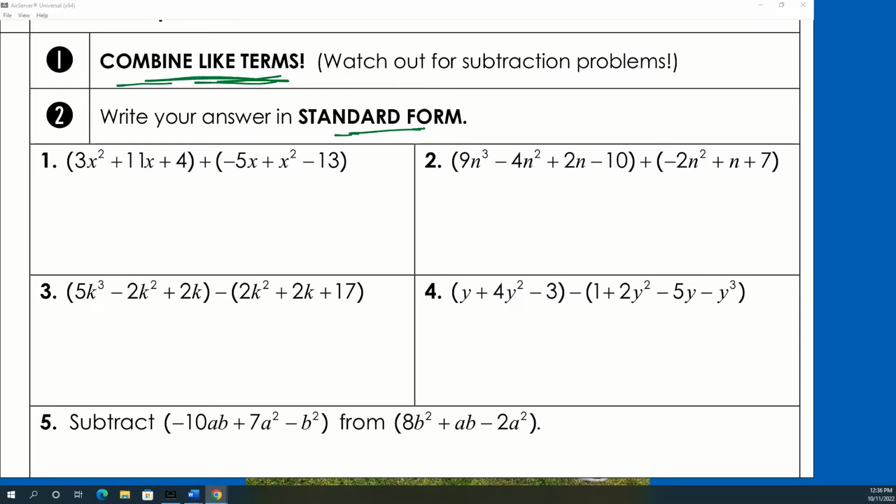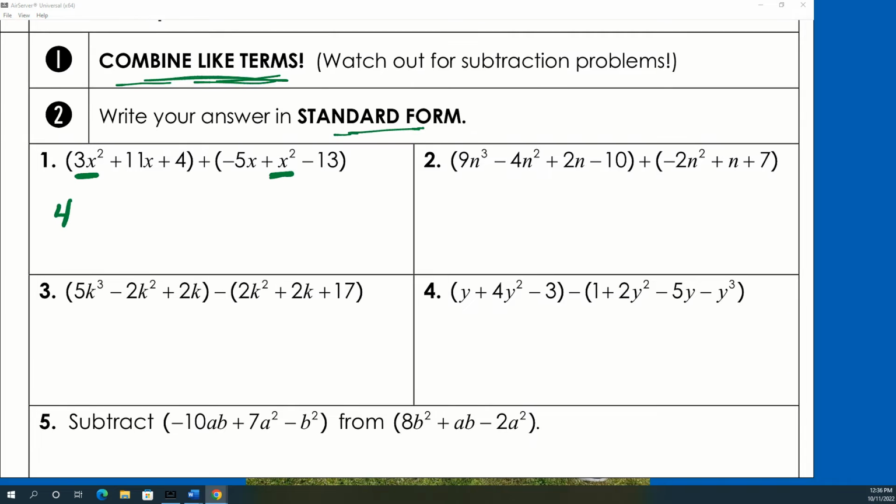So on number 1, x squared is our largest exponent. So I'm going to underline my x squareds. So 3x squared plus 1x squared is going to be 4x squared. Then I'll underline twice my x's.